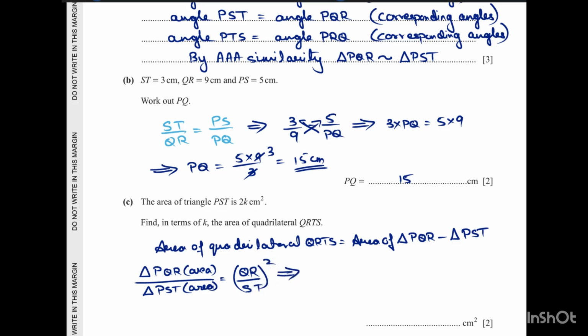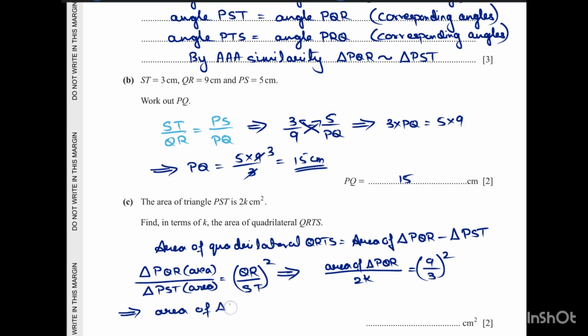Area of triangle PQR we don't know, keep as it is. PST we know is 2K. Then QR is given as 9 and ST is given as 3, whole square. So let me write only the area of triangle PQR.